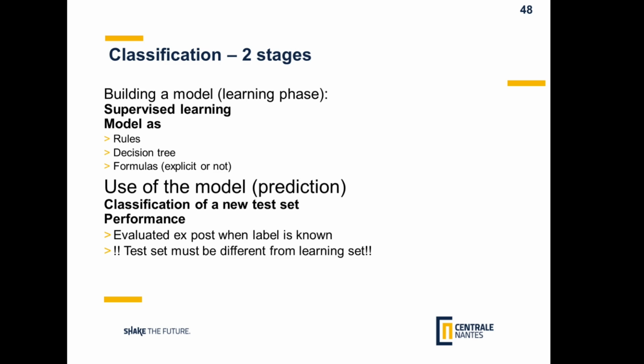And then, once your model is built and tested and you know it is reliable, then you can use it to predict, to classify new entries, new specimens. So each time you have a new entry, you will be able to predict in which group it belongs.